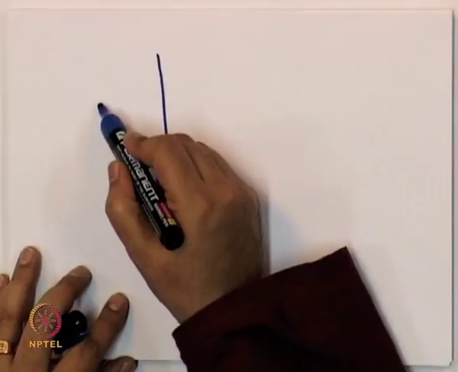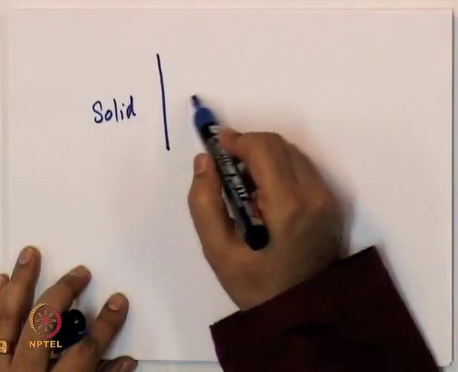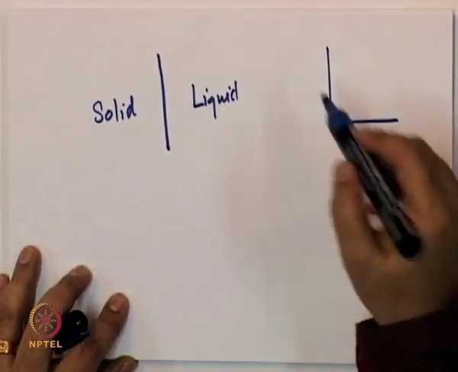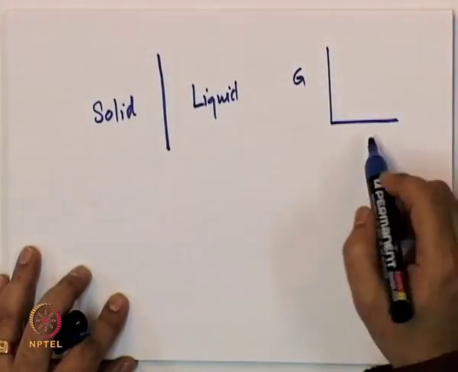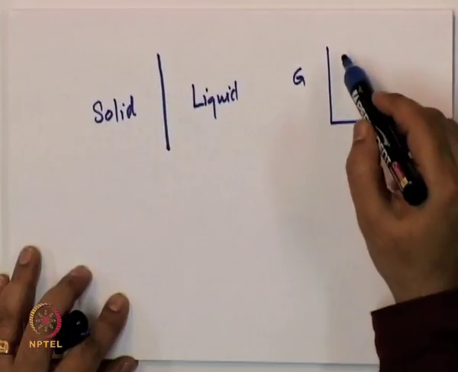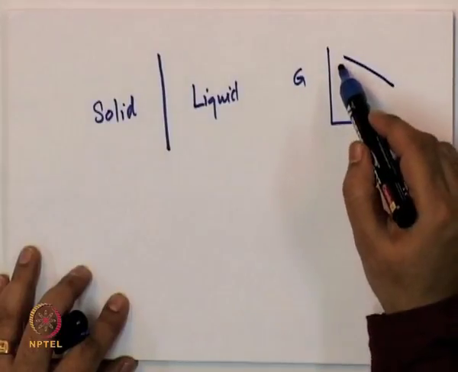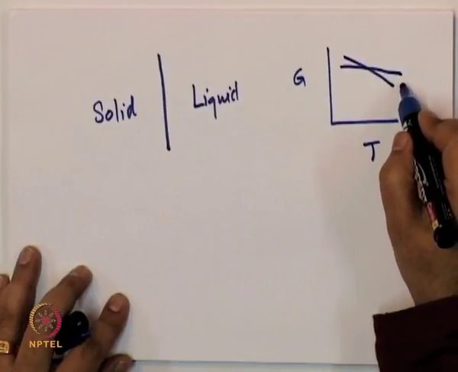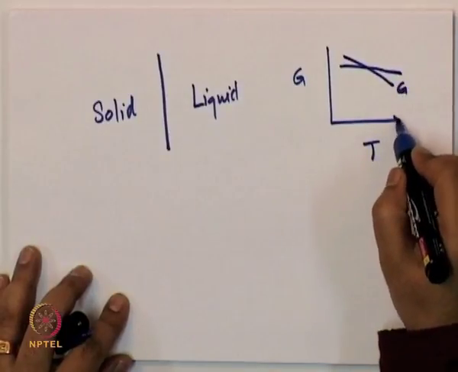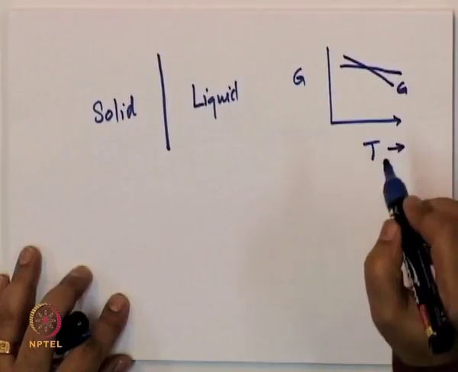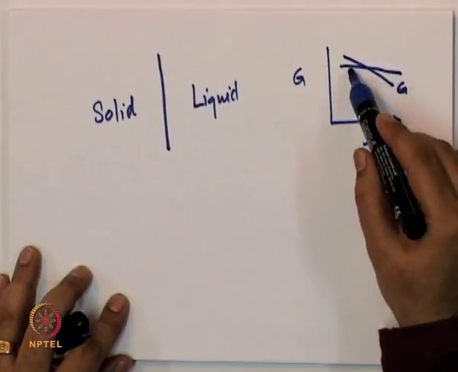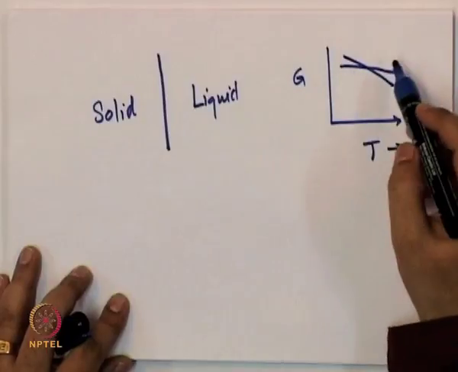So, if I have a boundary between solid and liquid, thermodynamically we say if you plot the free energies as a function of temperature. So, this is the free energy. Suppose temperature is increasing this way, then this is the lower temperature. At lower temperature you want the solid to be preferred.